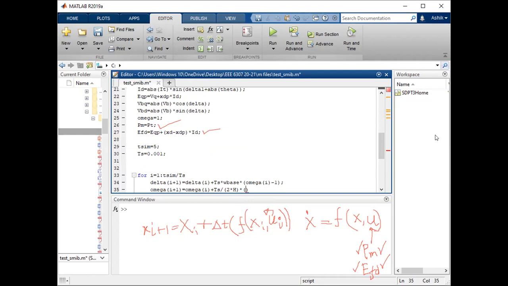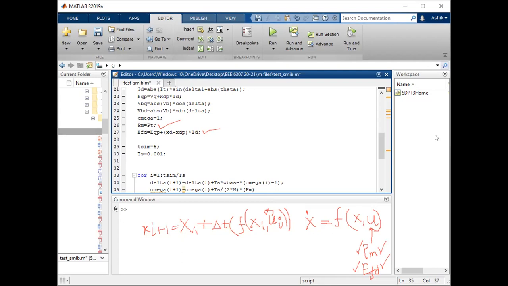Then we have PM. Now in this model, PM is the input mechanical power. And unless we are disturbing the system, PM will remain constant. That means unless we require more mechanical power input, or we want to reduce the mechanical power input, it will remain constant. So PM is not iterative. PM remains as PM.